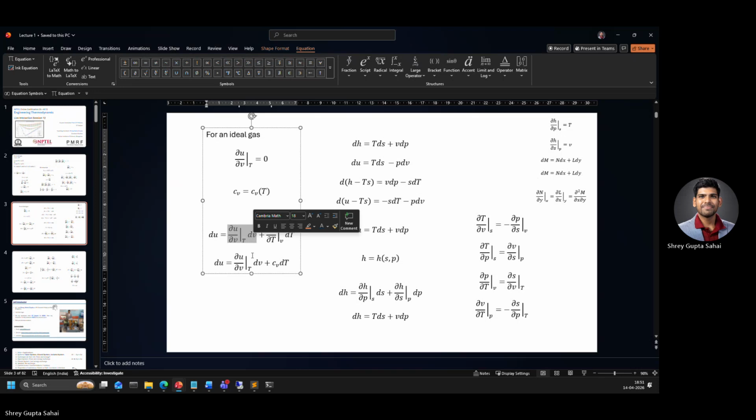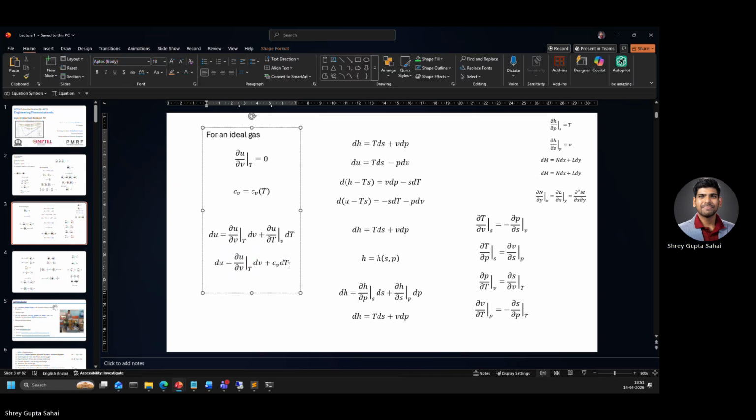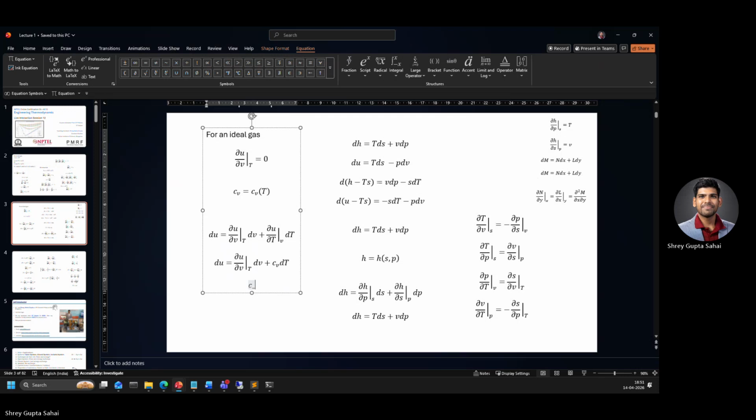Because U is a function of only T, CV by definition has to be only a function of T. The derivative of a function of T will at most depend on that variable, temperature.